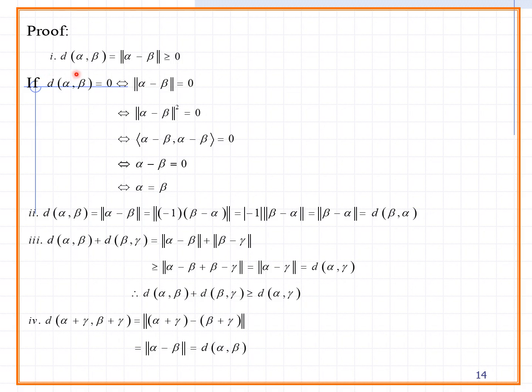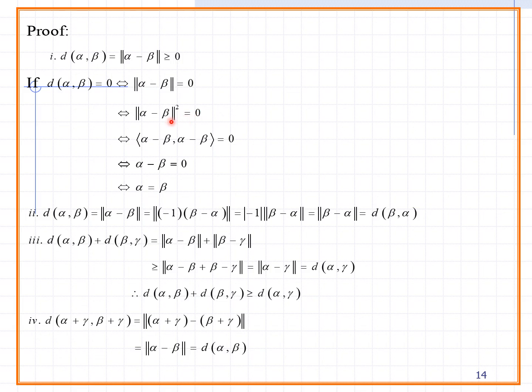Let us see this proof. The distance of alpha comma beta equals norm alpha minus beta, which is greater than or equal to 0. So if norm alpha minus beta equals 0, we can take the square on both sides, and the right side is 0.